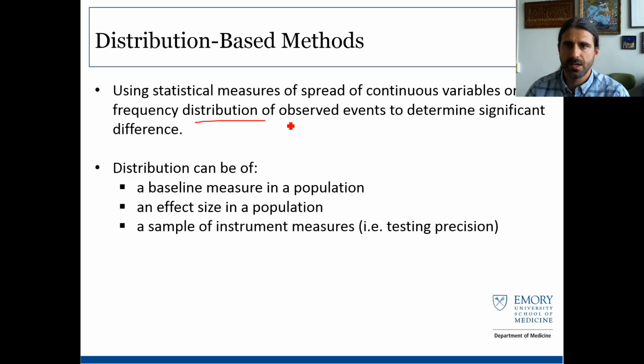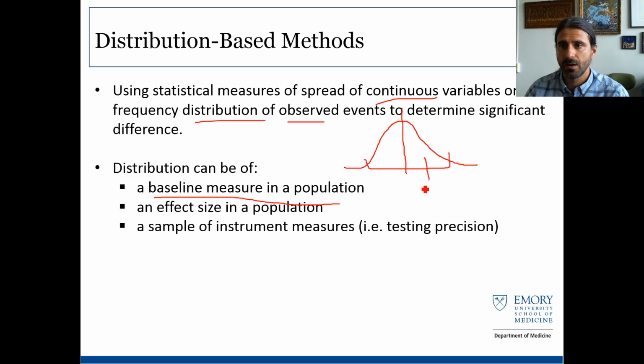And these distributions can be the baseline measure in a population. For example, you could consider the average serum cholesterols in a baseline population. You could look at one standard deviation, and define anything outside of that standard deviation as a significant difference. Again, this is just one aspect of MCID, but this is the baseline.